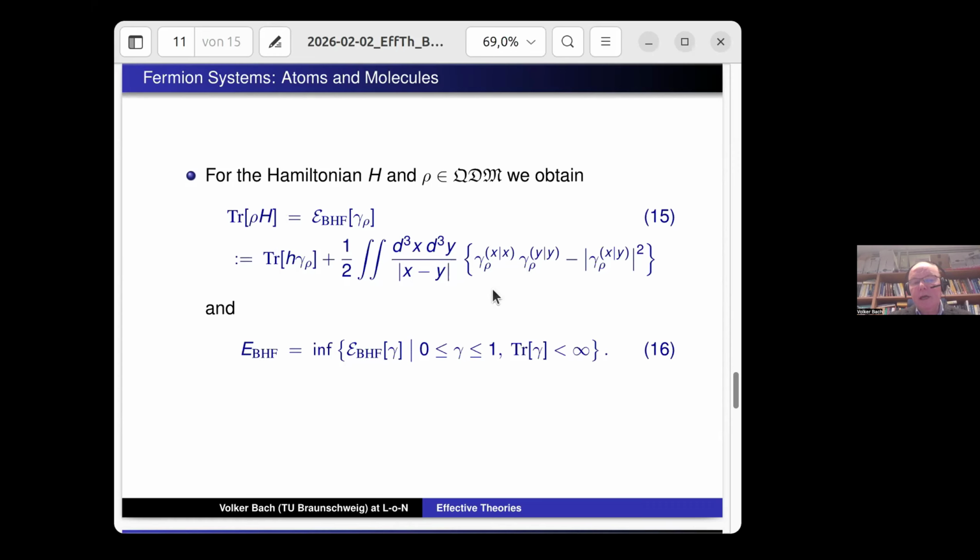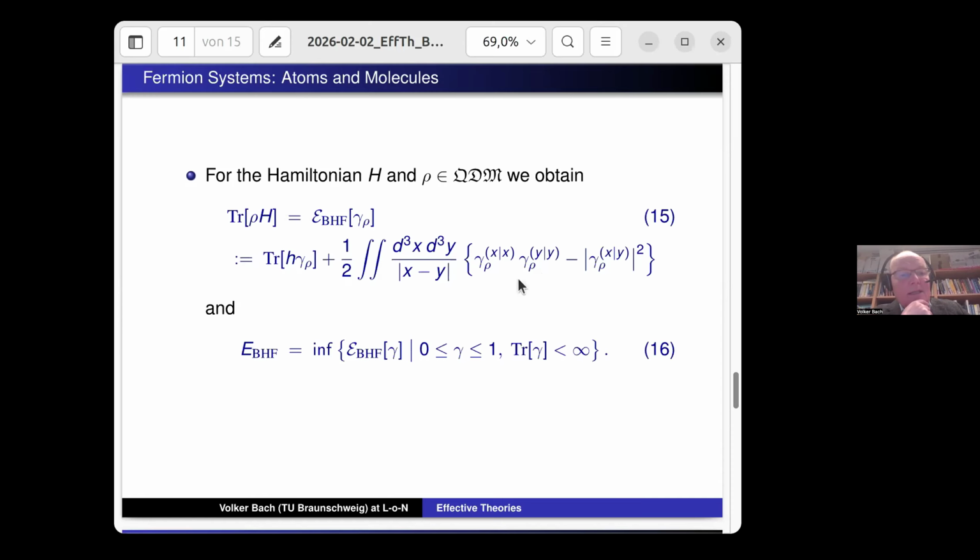This, if you work it out, is the product of the one particle density of the system at X times the one particle density at Y. I refrain from calling it rho of x and rho of y, because then we have too many rho's flying around here. So let me stick to this gamma rho xx and gamma rho yy.